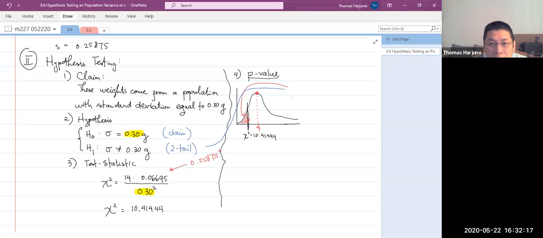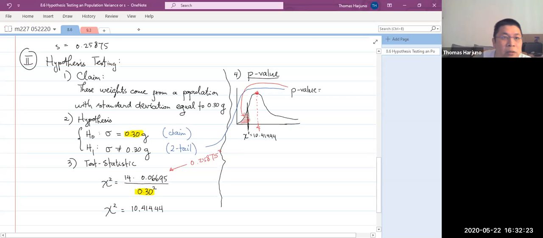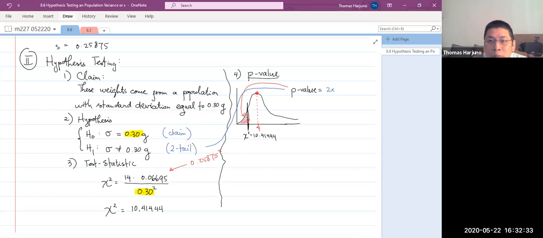So the p-value is 2 times, because of the two-tailed, 2 times chi-squared CDF.